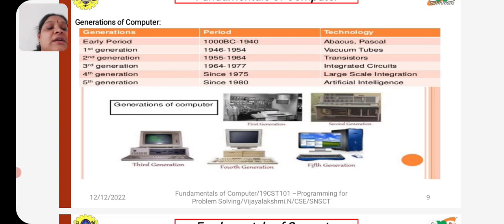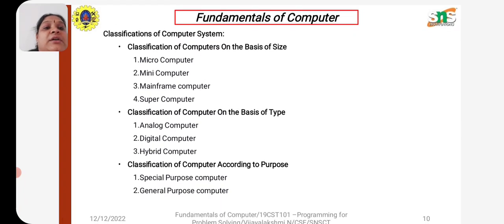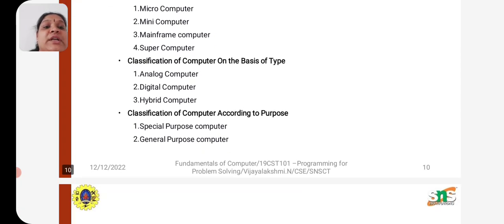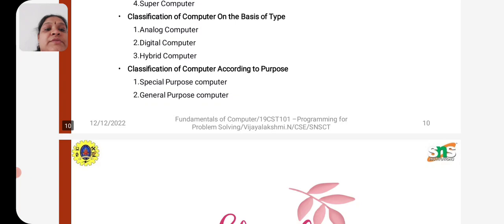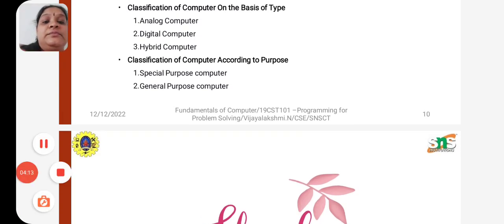In 1980, artificial intelligence. And we will be seeing the classification of computers: microcomputer, minicomputer, mainframe, and supercomputer. Analog computer, digital computer, and hybrid. And we have general purpose as well as special purpose computers available.